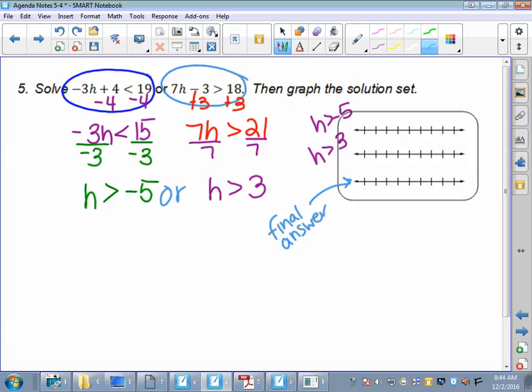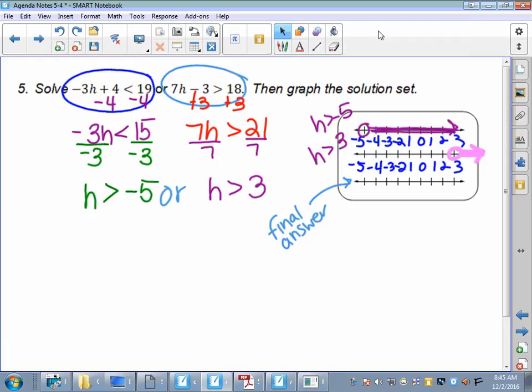First of all, let me get my stuff on here. -5, -4, 1, 0, 1, 2, 3. Okay. So if h is greater than -5, open or closed circle? And which way is our arrow going? If h is greater than 3, open or closed circle?